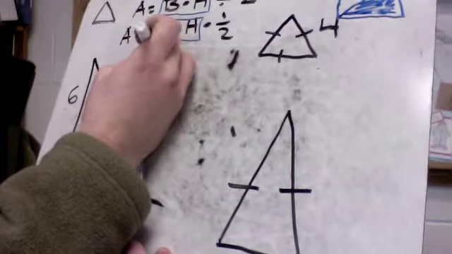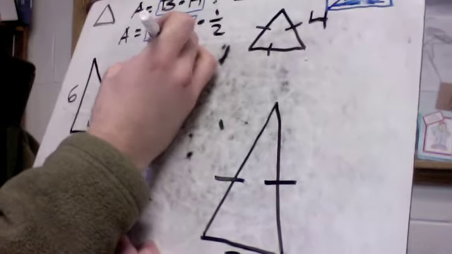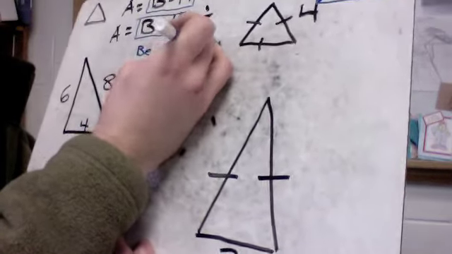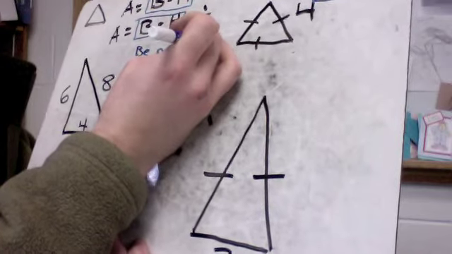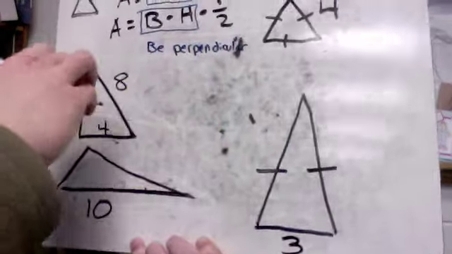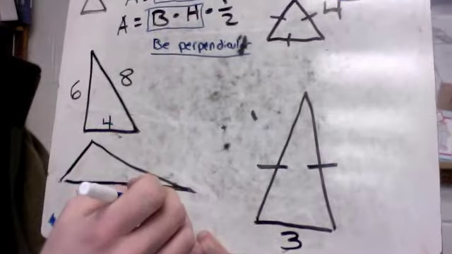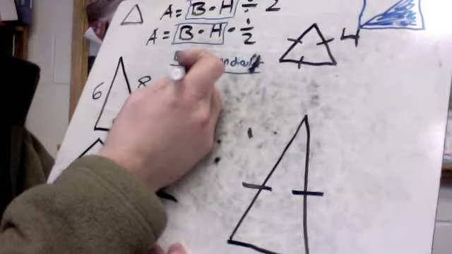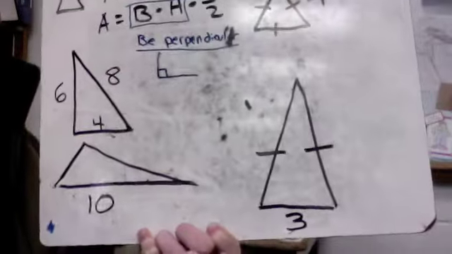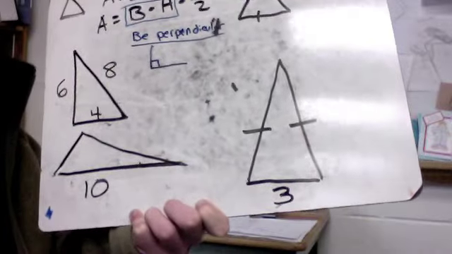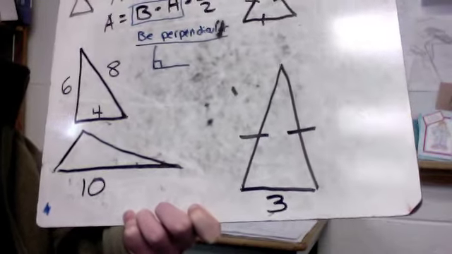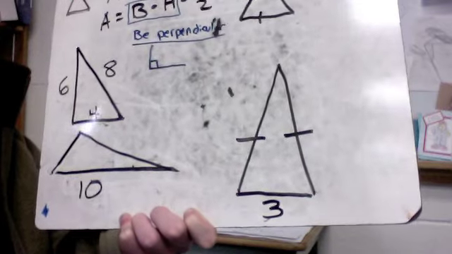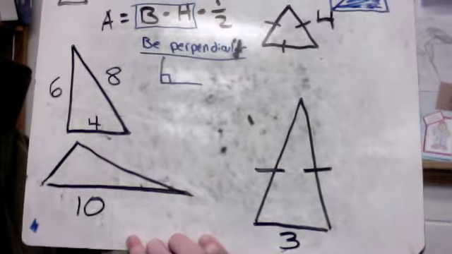They must be perpendicular, meaning that if this is your base, your height's got to make a right angle. No matter where you draw it at, your base and your height have to come together to form a right angle. And there's a lot of ways we can do this.